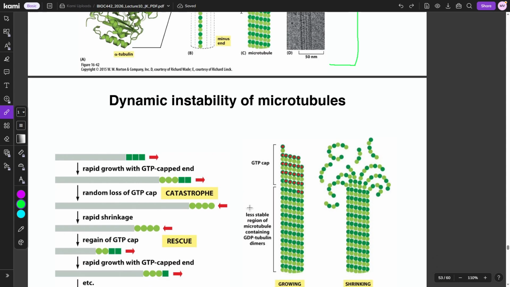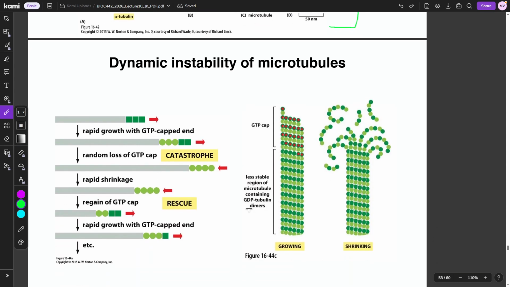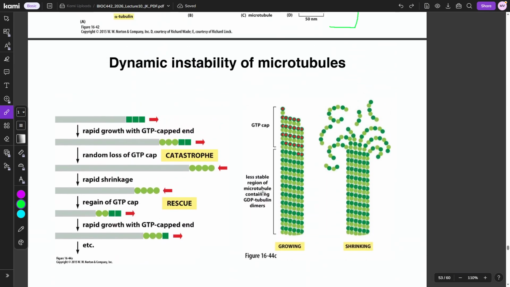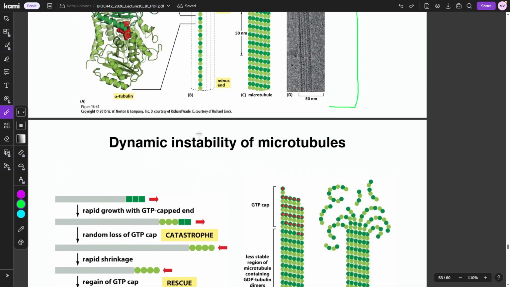There are a couple different names that we should keep in mind for how microtubules work and how they grow and shrink. The way it works is the GTP cap is what allows for stable growth of the microtubules.